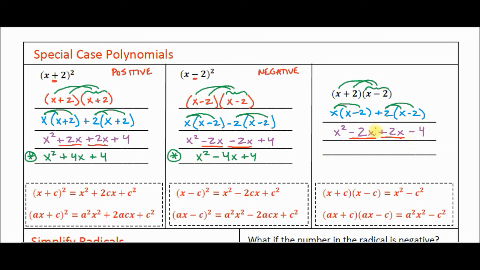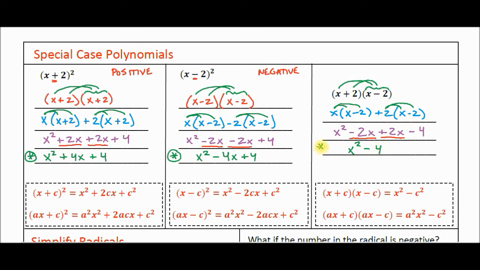And that means these middle two terms in this type of binomial times binomial will always cancel themselves out. No matter how you work this, if you have x plus 5, x minus 5, the middle two terms will always cancel themselves out, and we'll just be left with the first term, x squared, and the last term, minus 4.